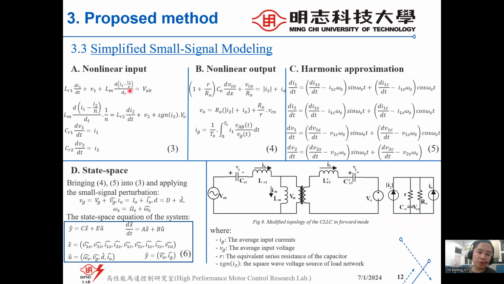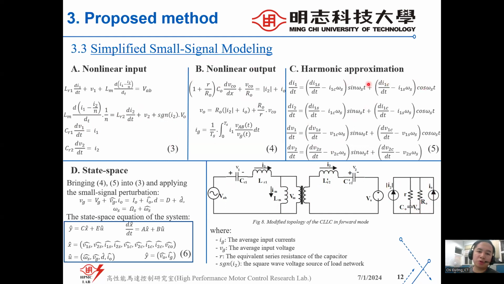With the nonlinear input, it will show the relationship between VAB, VL1, V1, VR1, VRM, and it also shows the relationship between V0, LR2, and LM. In the bottom nonlinear output, it will show the relationship between the current I0, I2, equal to the current in the output resistance and the output capacitor.